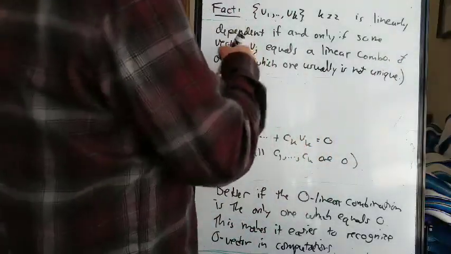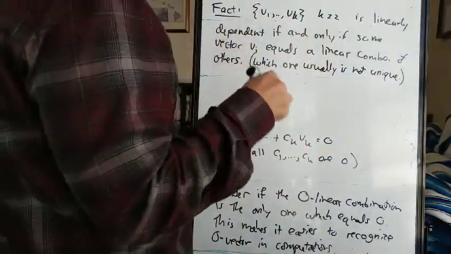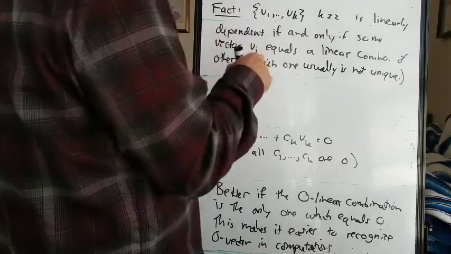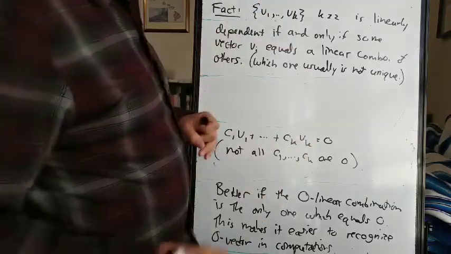So if you can express vi as a linear combination of the others, you can probably express a different vector in the set as a linear combination of the others as well.